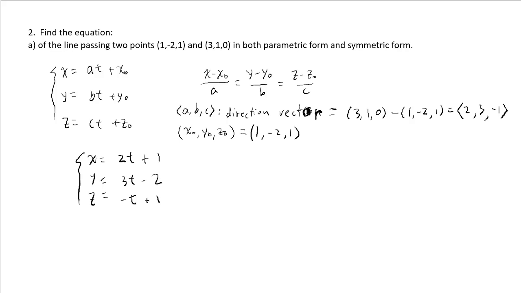In symmetric form, it's x minus x0, so x minus 1 over the first number, which is 2, equals y minus -2, which is y plus 2, divided by 3, and z minus 1 over -1. So you have to write it like this. You can also simplify this as 1 minus z, right? This one is the same as 1 minus z. So you can use that.